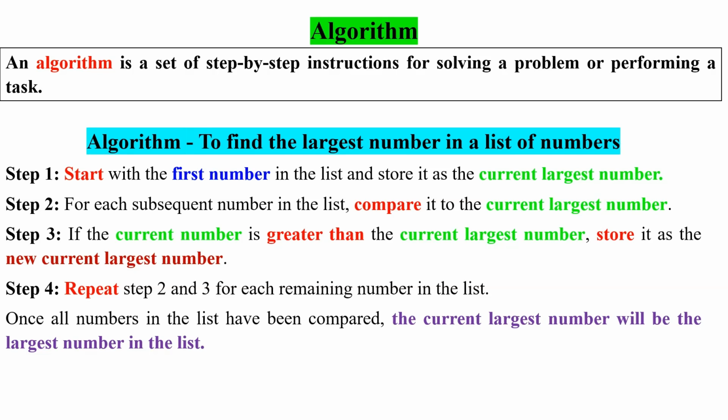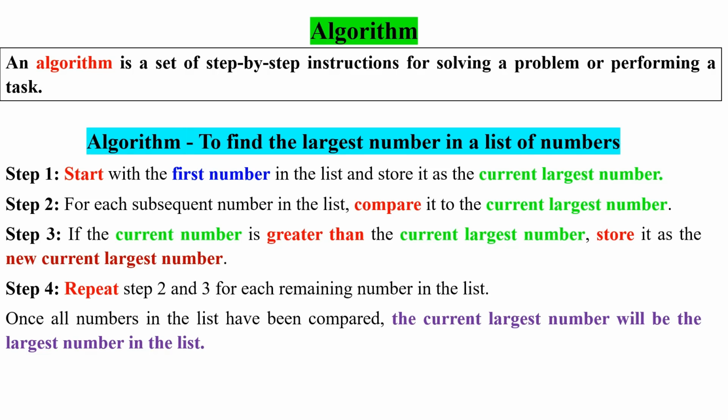Here's an example of an algorithm to find the largest number in a list of numbers. Step 1. Start with the first number in the list and store it as the current largest number. Step 2. For each subsequent number in the list, compare it to the current largest number. Step 3. If the current number is greater than the current largest number, store it as the new current largest number.